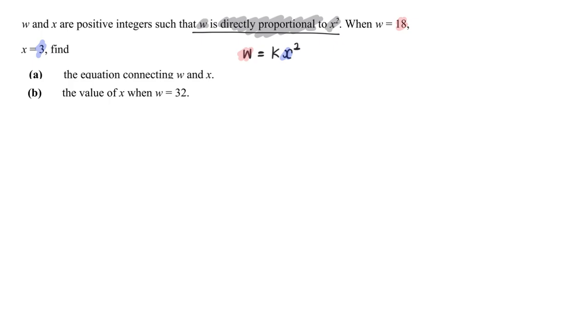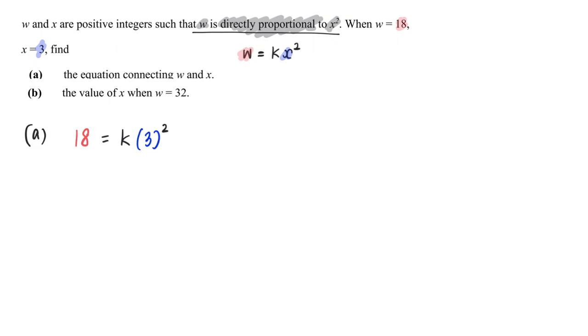So meaning that I could substitute these values of w and x to give me the value of k. Okay, so for part A, this is what you will see, Mr. Tan substituting the value of w as 18, and the value of x as 3. And take note, this is 3 squared, meaning I will put a bracket.